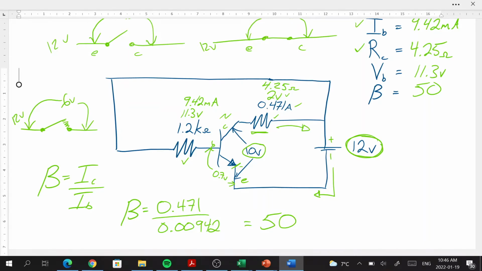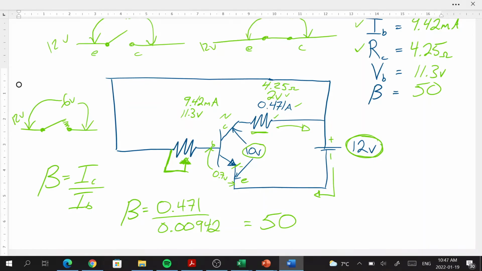So let's take a look at that and solve for a saturated circuit. So a lot of these values now are going to become obsolete. What's going to stay the same is our voltage source. This resistance is going to stay the same. The resistor is fixed. We're going to assume then that this resistor is a rheostat, so it's variable, and we can change it.